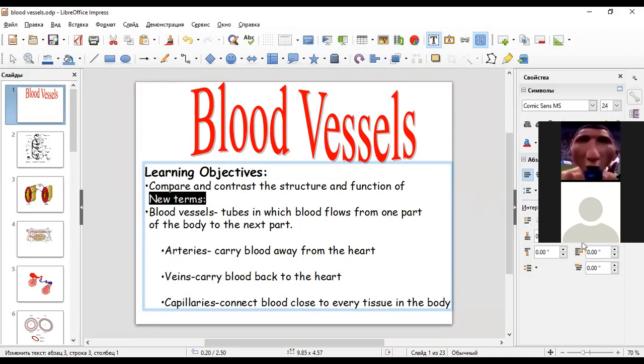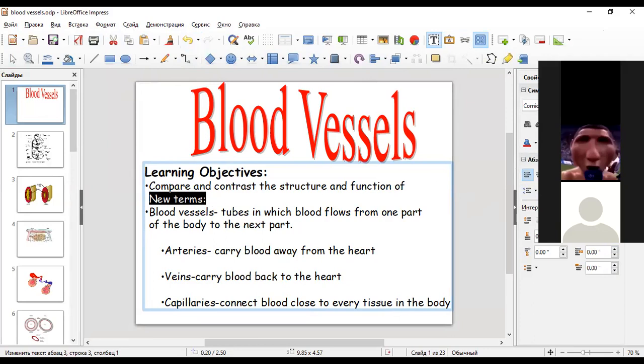Tube. Abdurrahman? Yes, teacher. What do you think? What is blood vessel? I want to change color. This is a new presentation's slide. I can't find how to change.